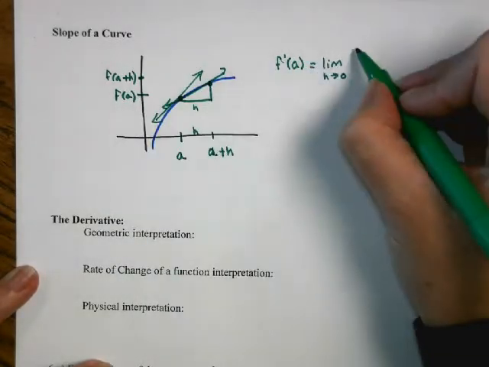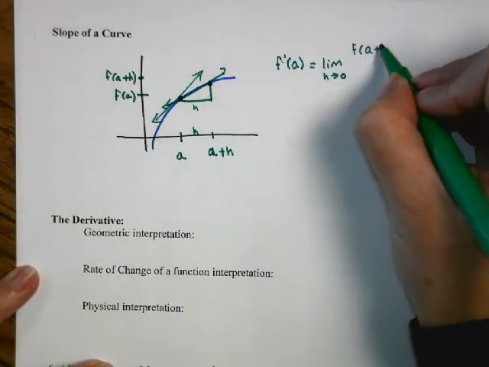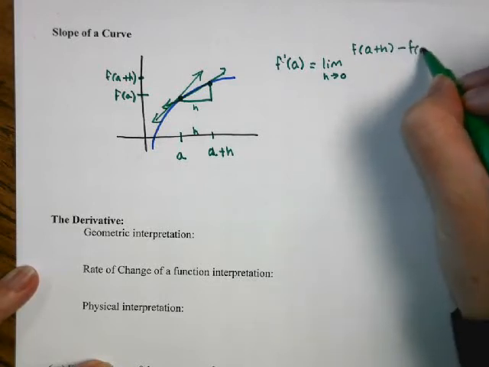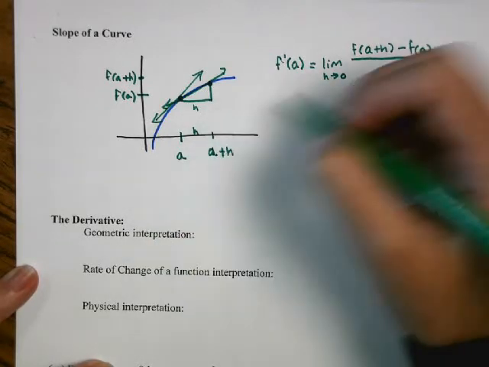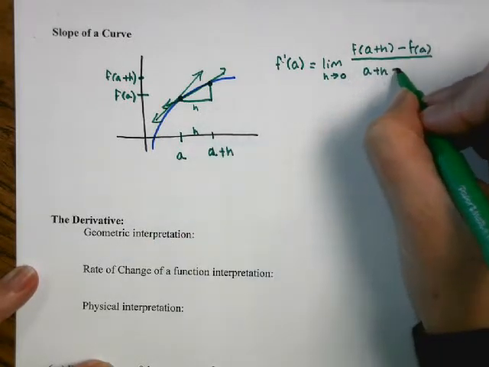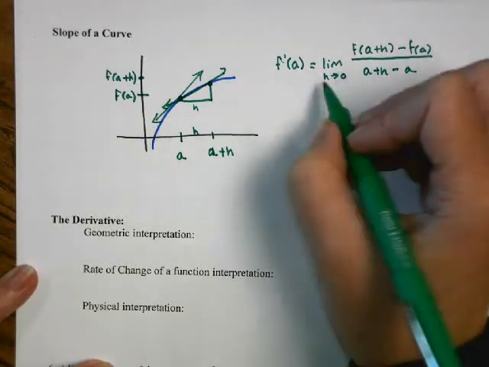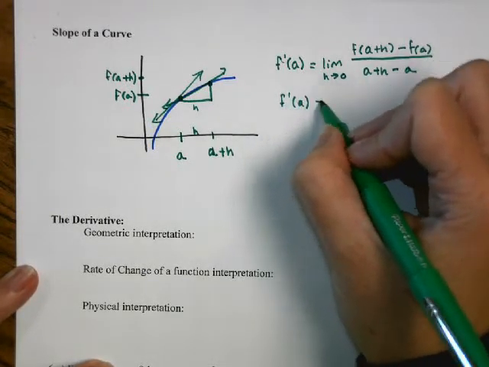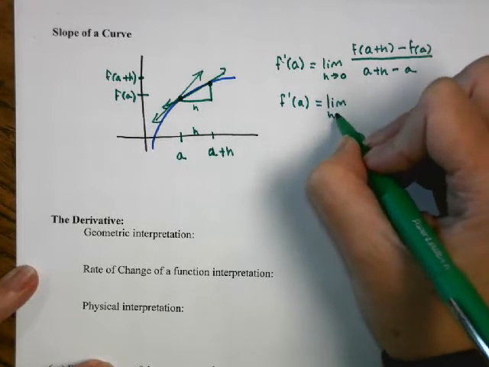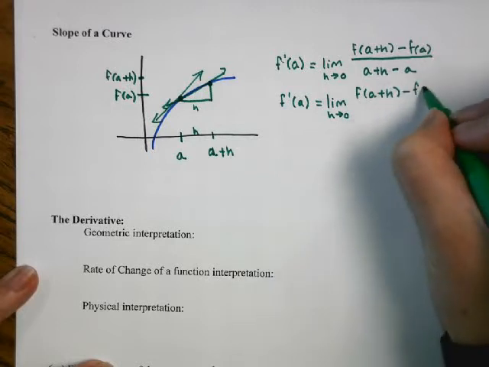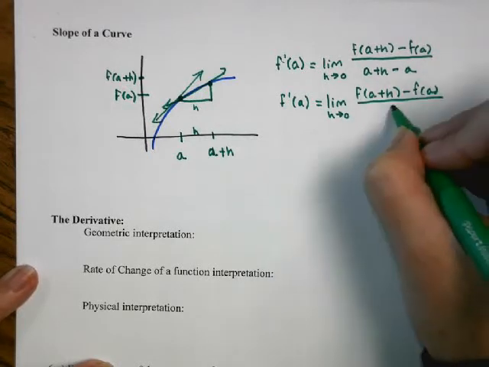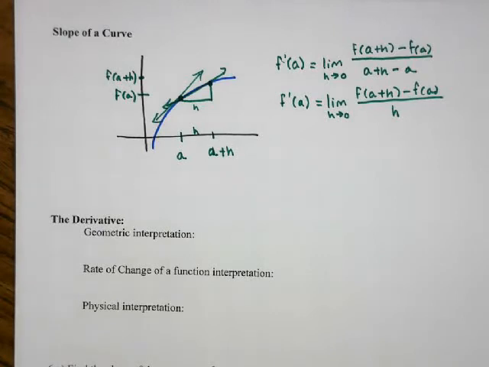So the slope of the secant line is going to be f of A plus h minus f of A over the difference in the x's, which is A plus h minus A. Well, this is going to simplify to f of A plus h minus f of A all over h. So this gives me the derivative, the slope, at any point on a curve.